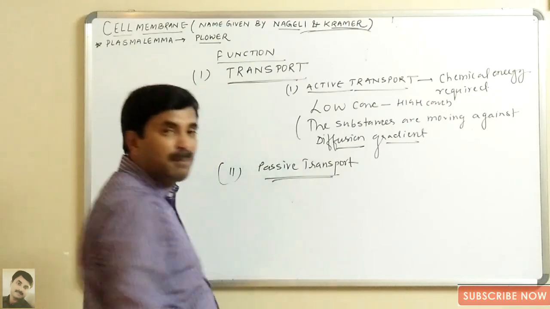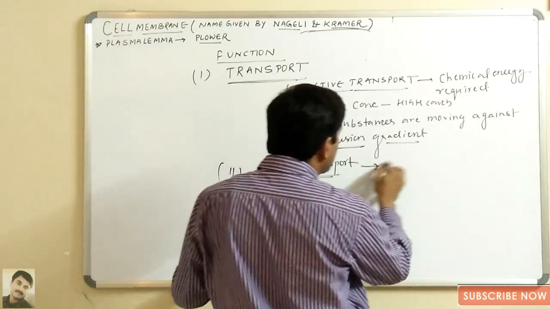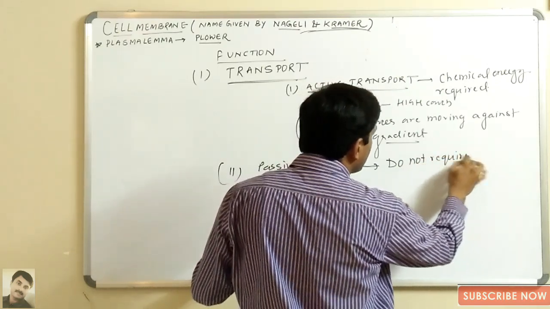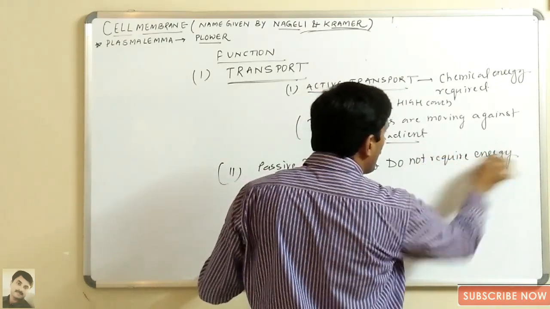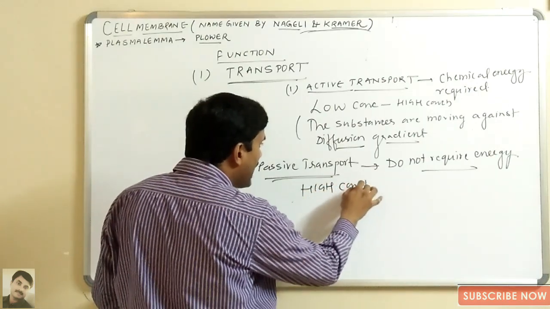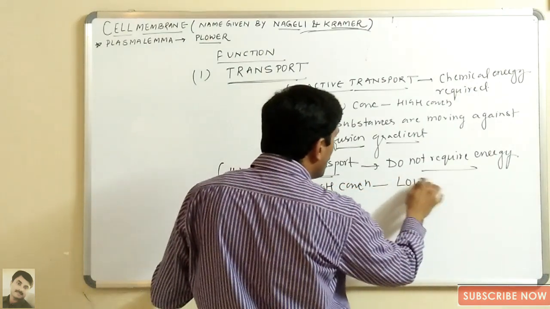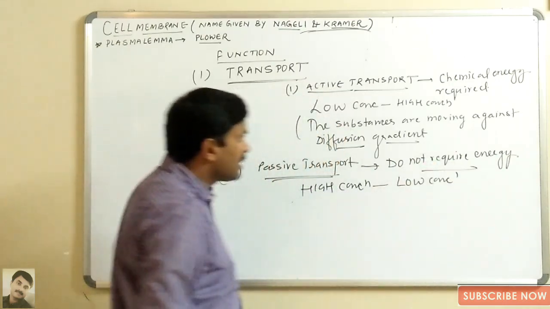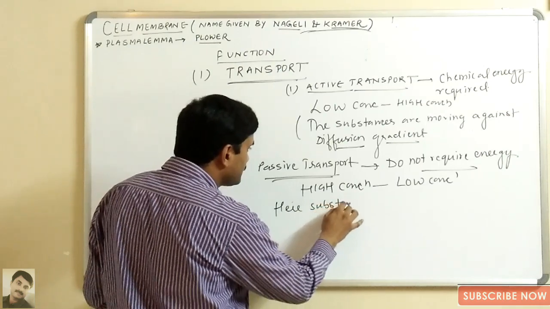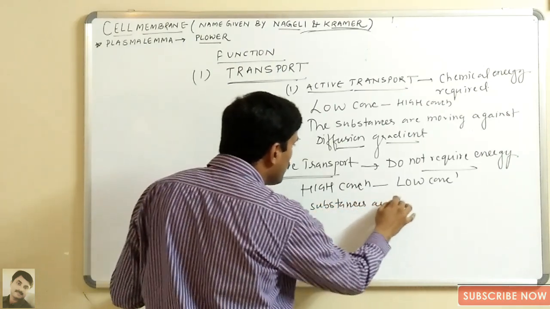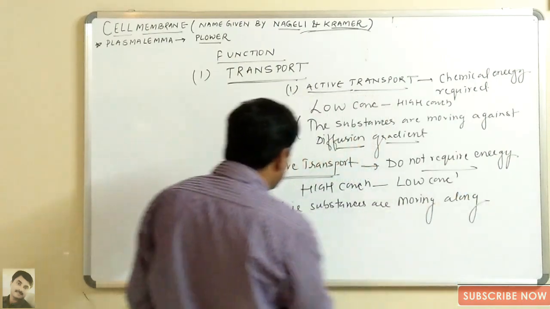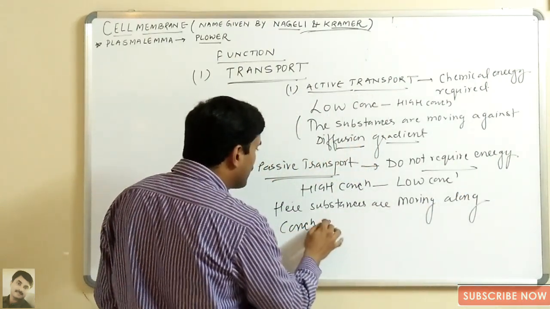Now what does passive transport mean? Passive transport does not require energy. Why? Because the substances are moving from high concentration to low concentration, and here substances are moving along the concentration gradient.